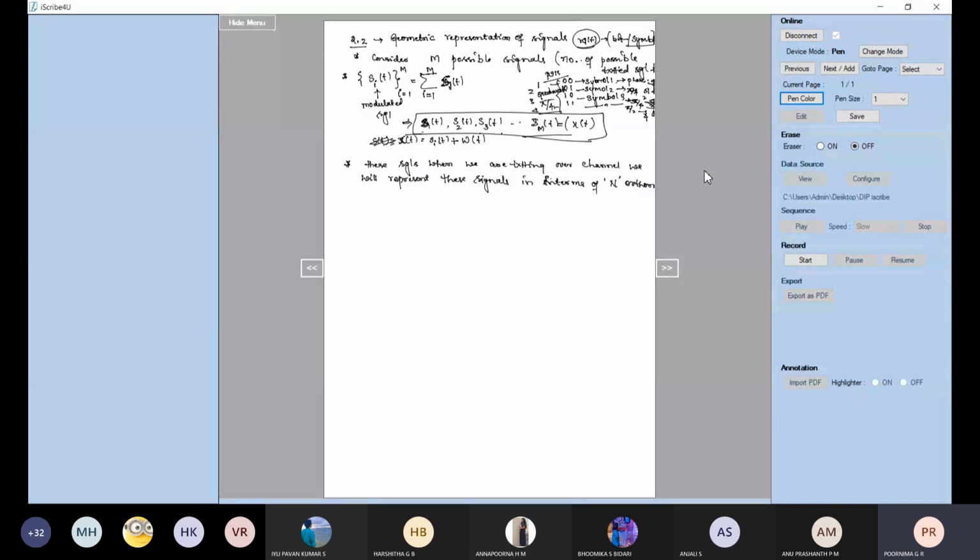So these signals, before transmission, we will represent in terms of n orthonormal basis functions, phi j of t, that is phi 1 of t, phi 2 of t, etc., phi n of t.